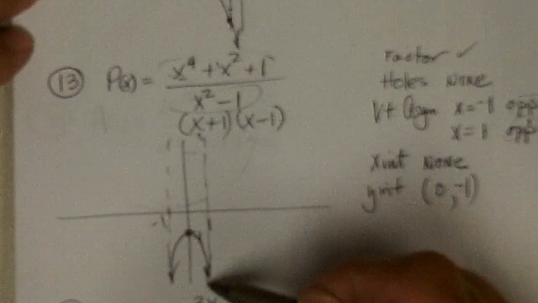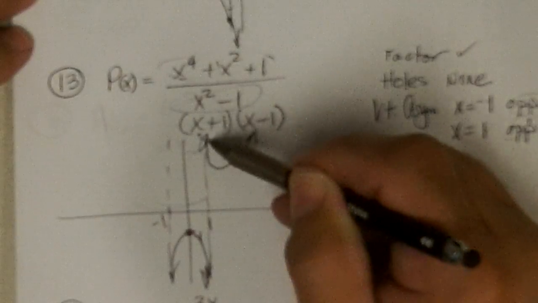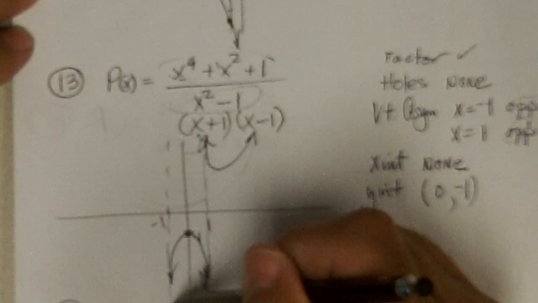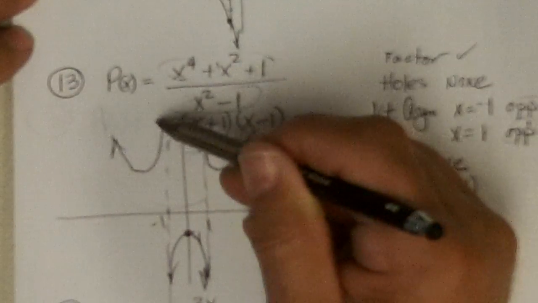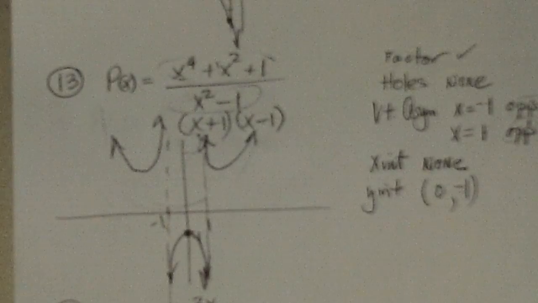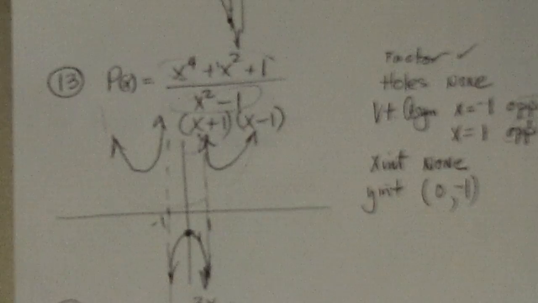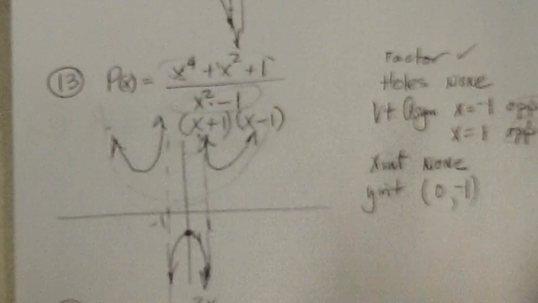If it went off here, then it has to come back here and go towards this parabola. And if it went down here, it has to come back on the upside here and then approach a parabola there. So that's roughly what it looks like. This parabolic asymptote is because the degree of the numerator is 2 more than the denominator.